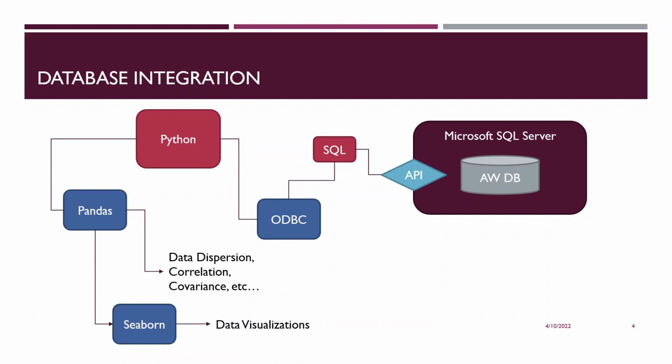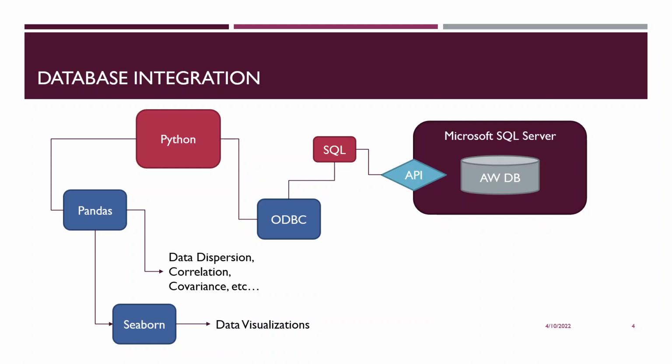We're going to use the ODBC data connectivity framework to poke a hole into SQL Server that allows us to run SQL. Then we can take SQL and very easily integrate it into our Python without having to do a lot. It's actually a very robust framework, and there's a lot of cool things we can do with it.